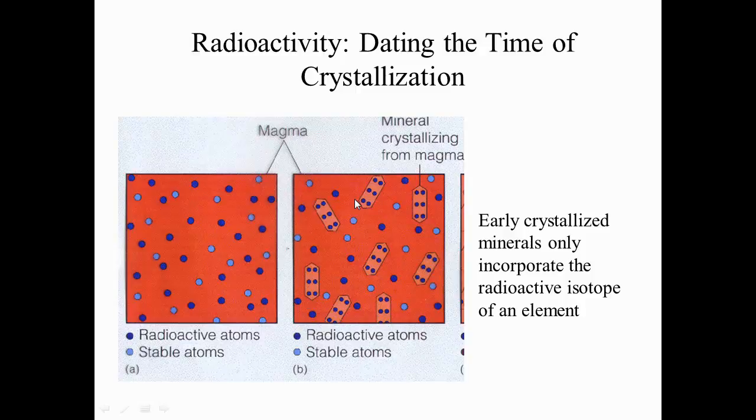So each one of these newly formed crystals starts out with 100% radioactive parent. Now, the reason the early crystals are incorporating only the radioactive atoms is because it's those atoms that fit nicely into the crystal structure.